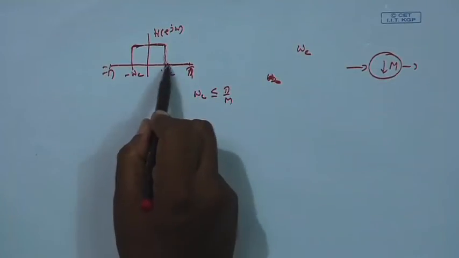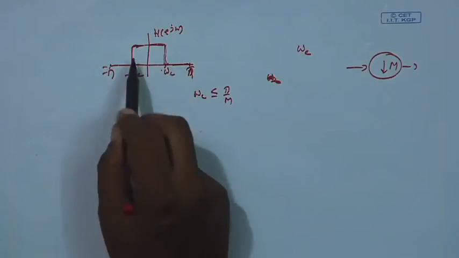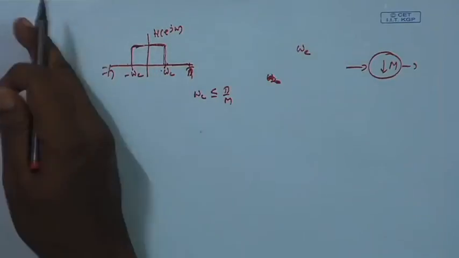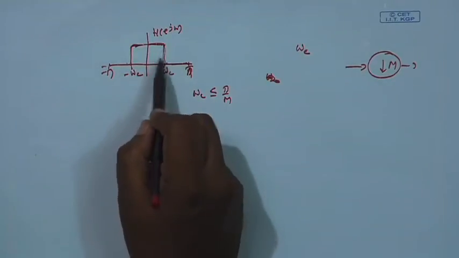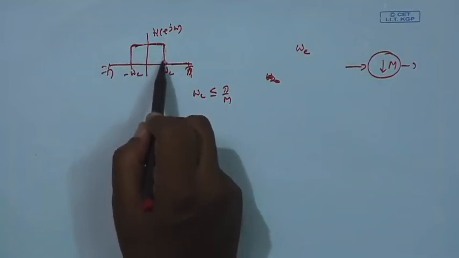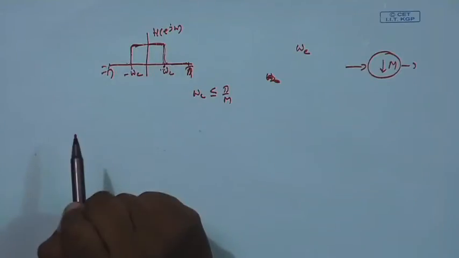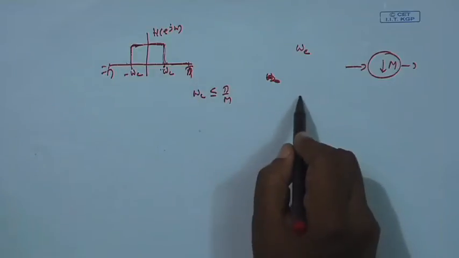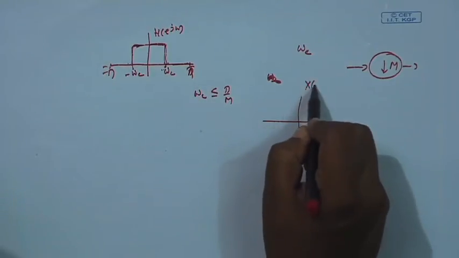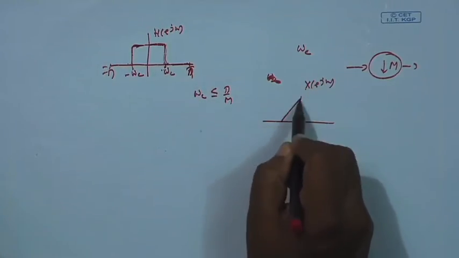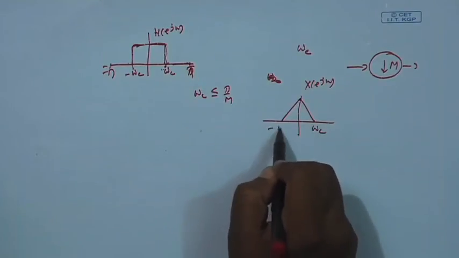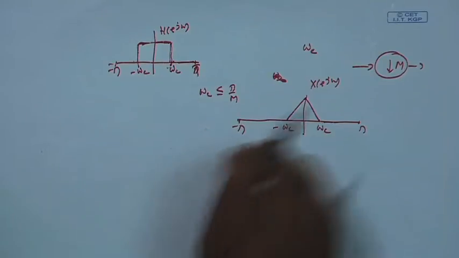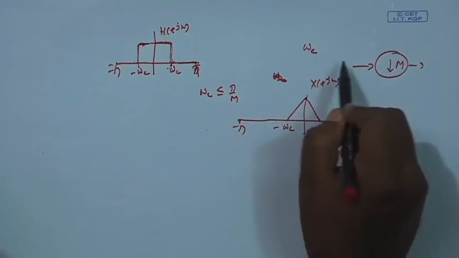Because after decimation, the spectrum can go maximum up to pi and minus pi, there will be no overlap from the right hand side or left hand side if you band limit the signal by a hard low pass filter with cutoff frequency omega c. Suppose the original signal X(e^jω) is now band limited from minus omega c to omega c, within minus pi to pi.